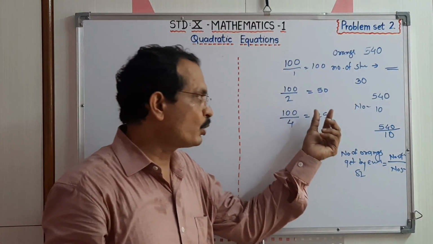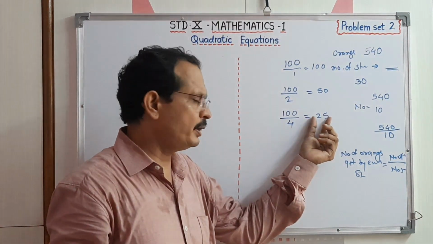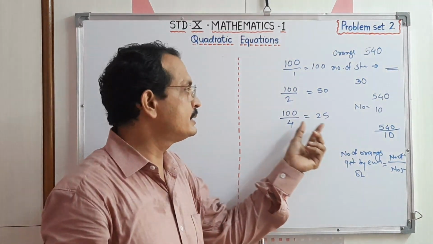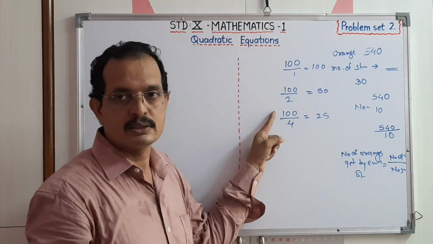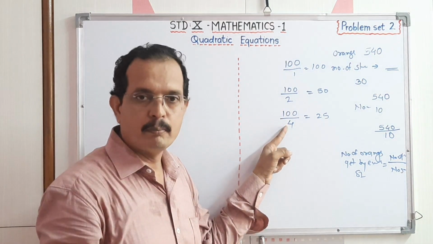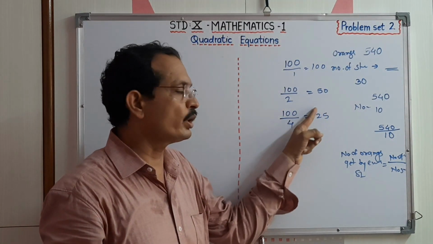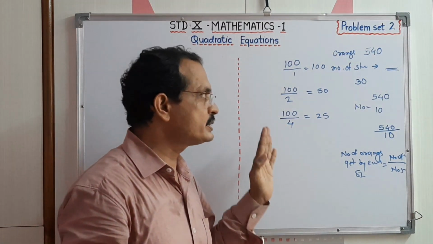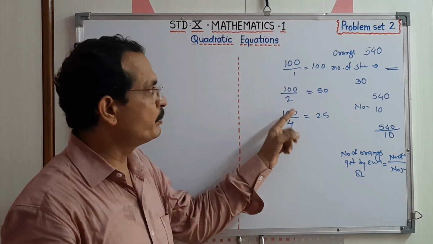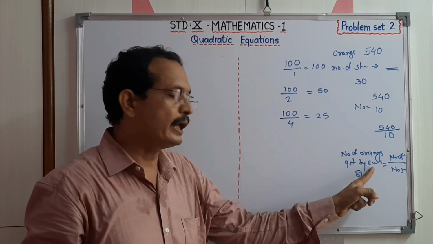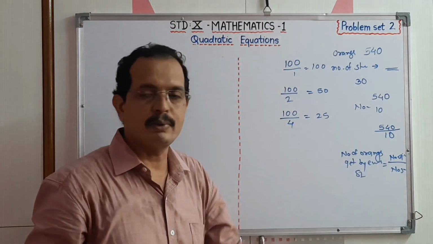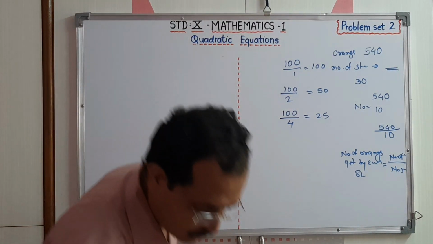That means the number of oranges each student gets depends upon the number of oranges and the number of students. This is the basic thing we require to understand this sum. Therefore remember, number of oranges got by every student is equal to total number of oranges divided by number of students.